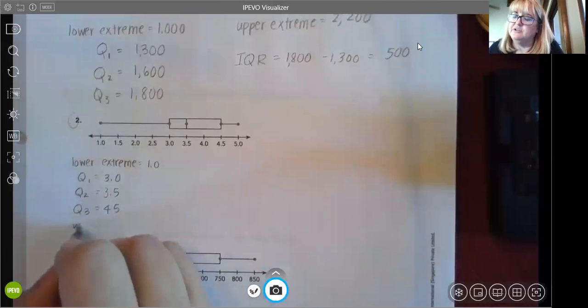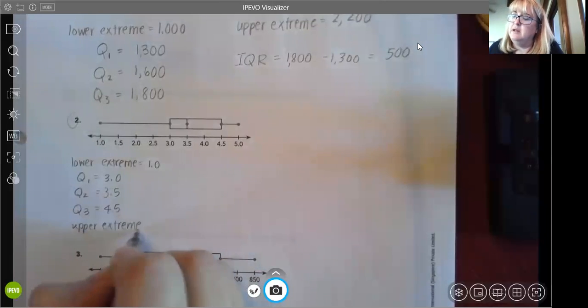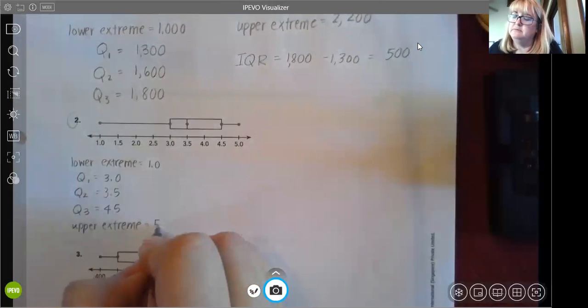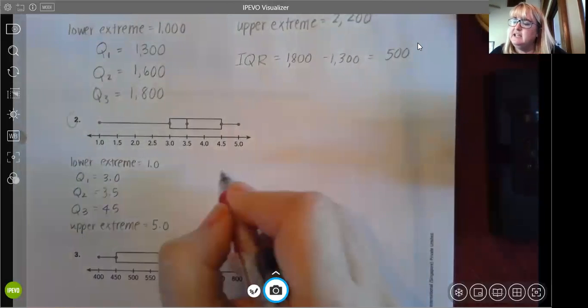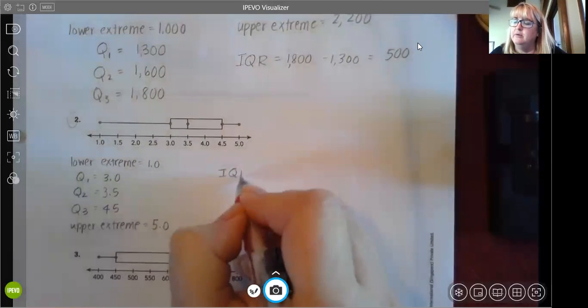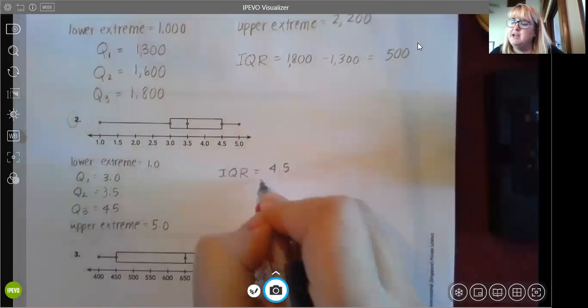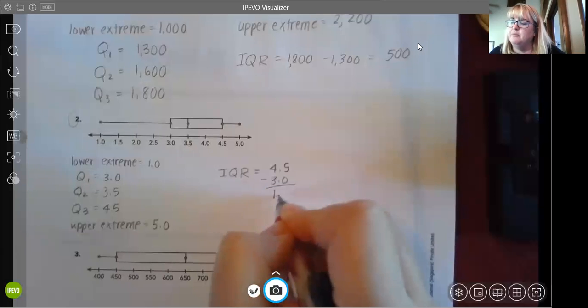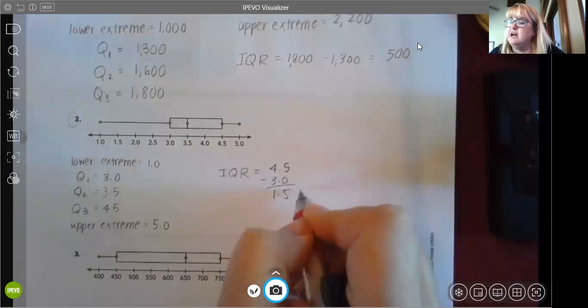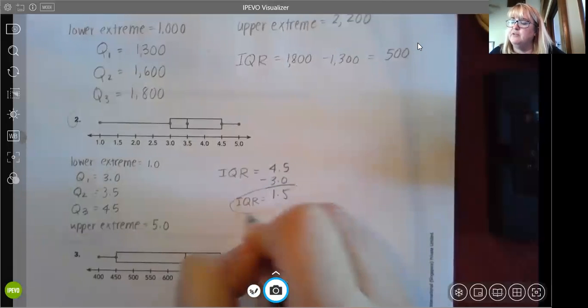And then our upper extreme is 5.0. All right, so there are 5 data points. The next question, what is the interquartile range? Q3 is 4.5 minus Q1 is 3.0. You get 1.5. So IQR, interquartile range, is 1.5.